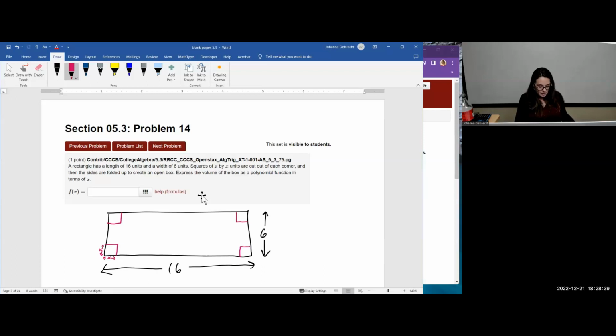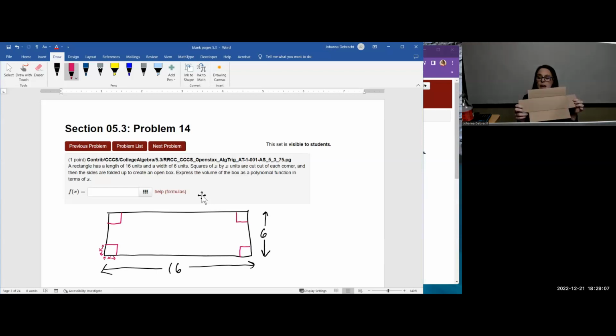So I took a rectangular piece of cardboard and I cut out squares from each corner. All right, so this distance and this distance are the same. And then it says fold the sides up. So you're going to fold these two together, and then you're going to fold these two together. And oh, that's what it means by an open box. It doesn't have a top, but it's got sides on it.